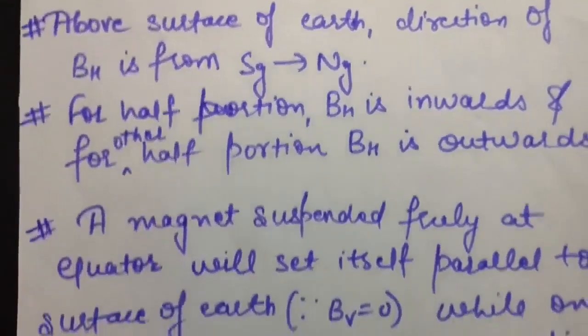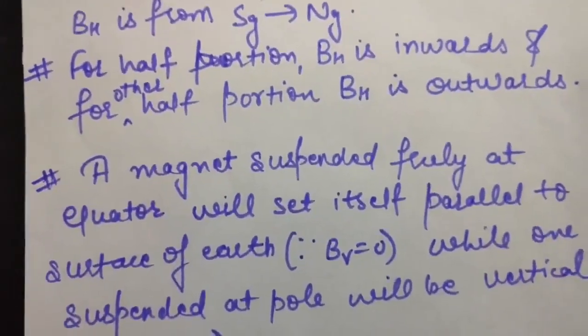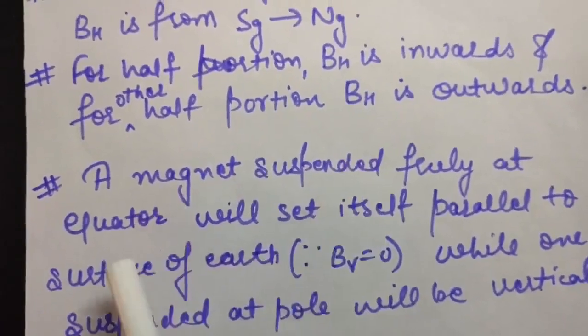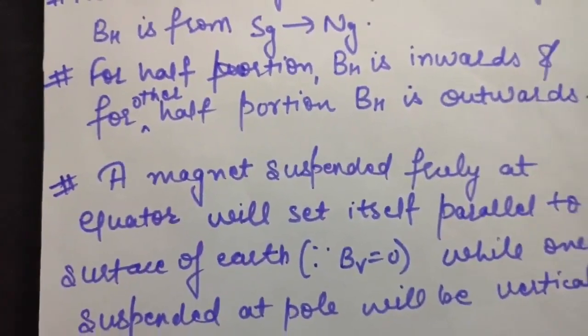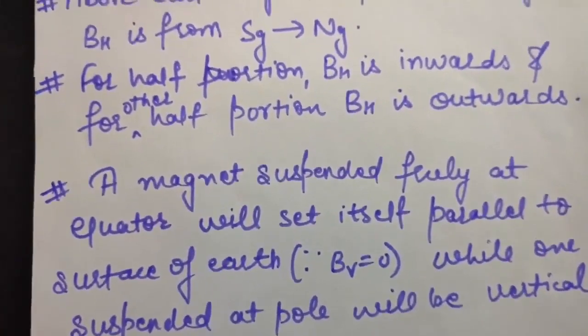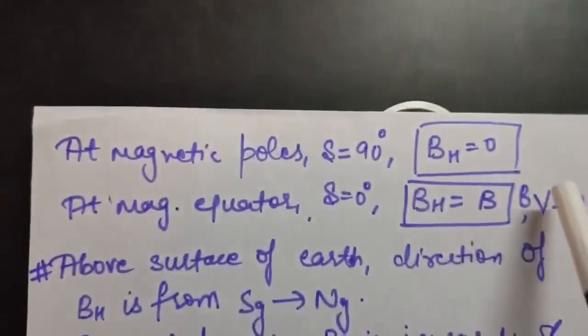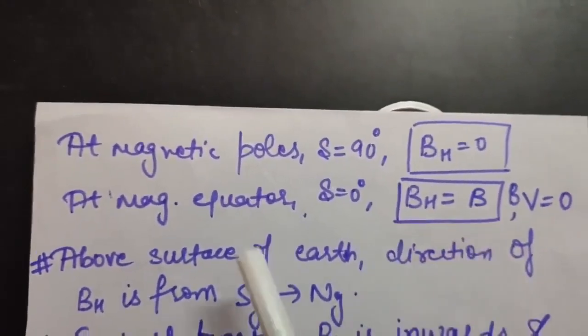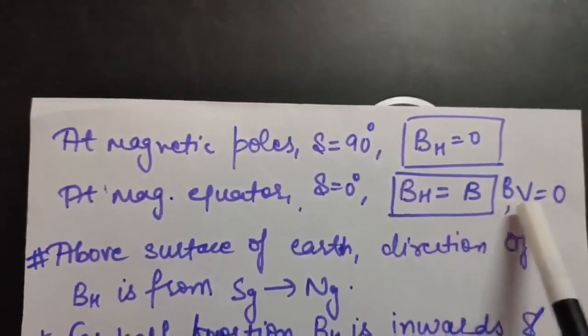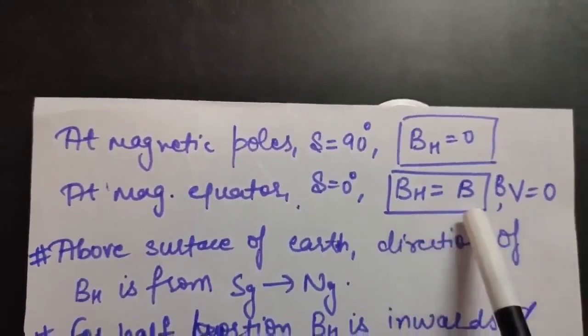Okay. Next is, if I suspend a magnet freely at equator, can you tell in which direction will it point? As we have just calculated, at equator BV is 0 and it has some horizontal component. That means at magnetic equator, there is no vertical component of magnetic field, only horizontal component is there.